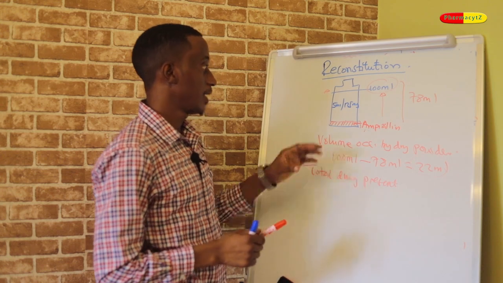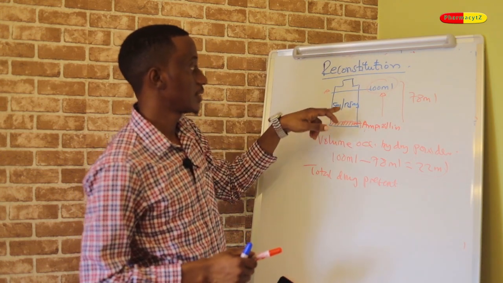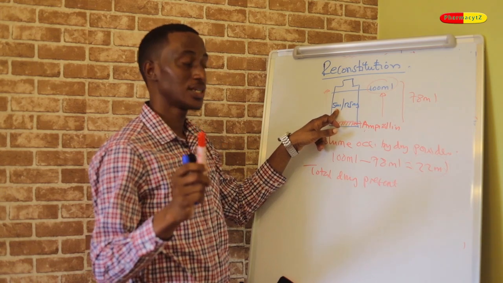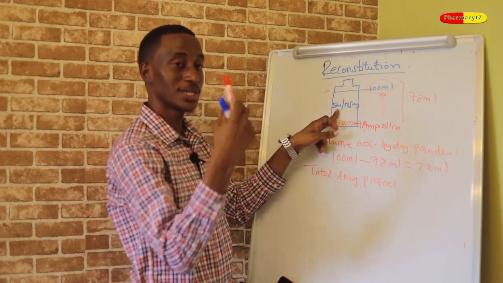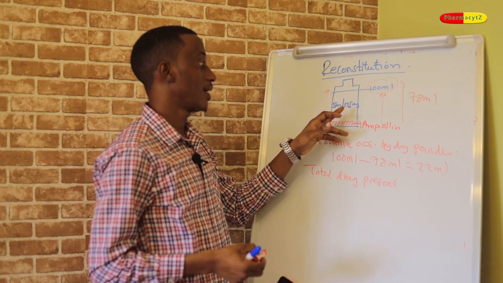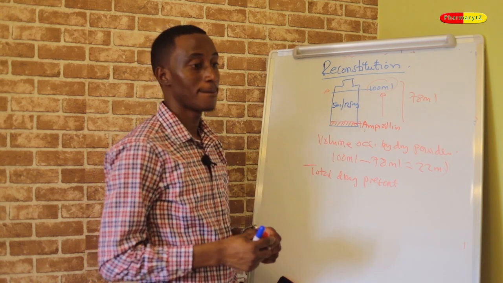Meaning that if we reconstitute to 100 ml, whenever a patient takes 5 ml of this suspension, automatically they will have consumed 125 milligrams of ampicillin.